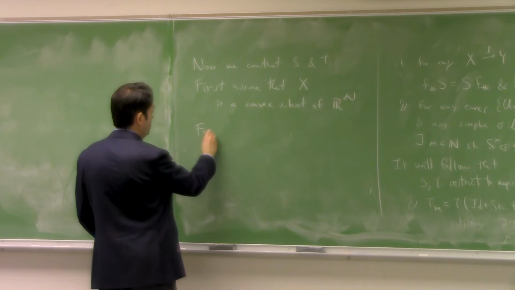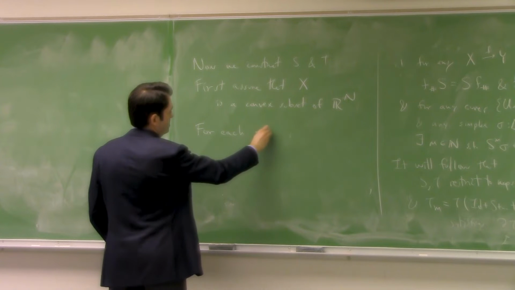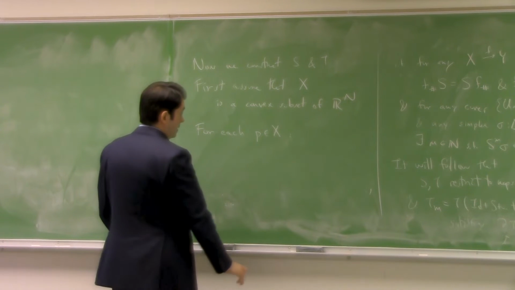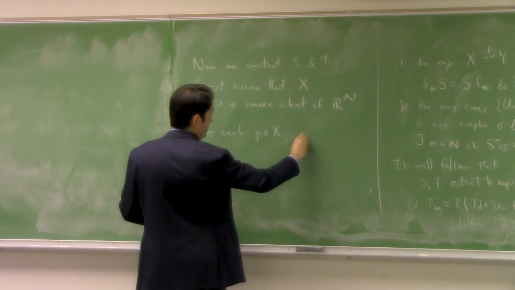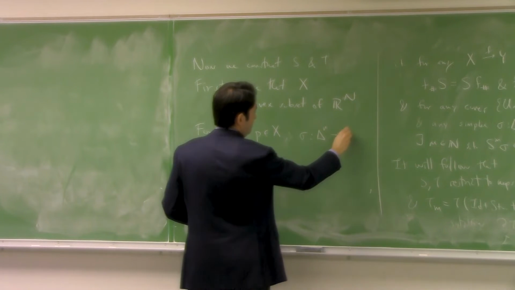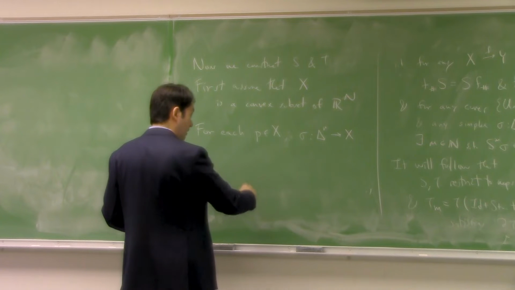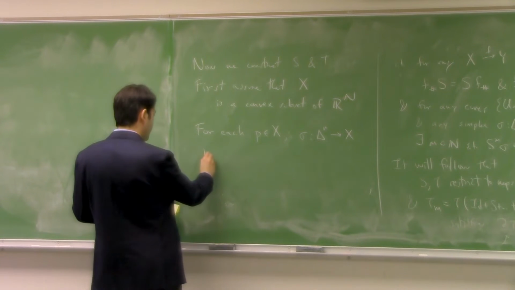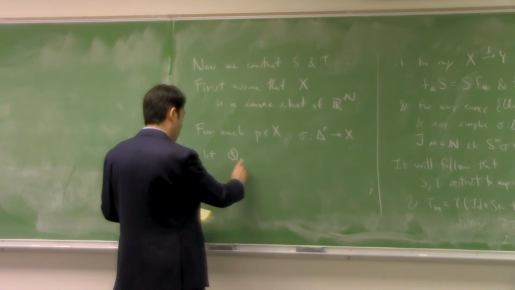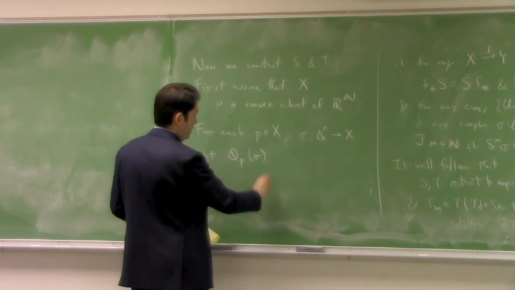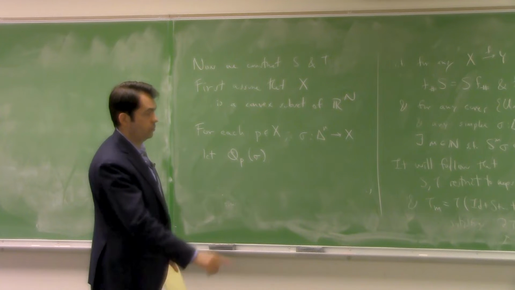So for each P in X, and a simplex sigma, so I'm going to use Q, although I'm coning, because C is already doing too much work.